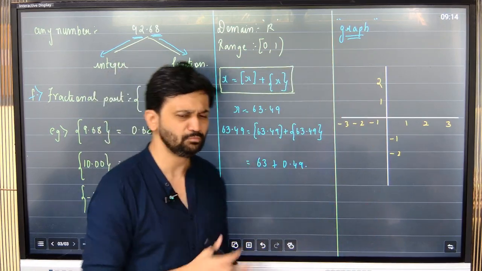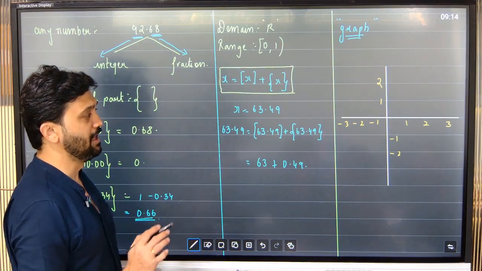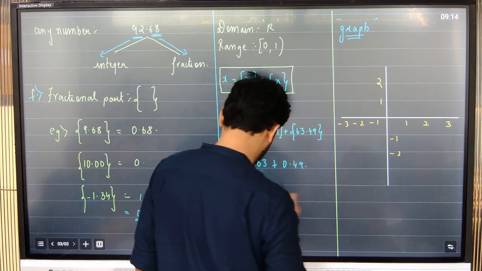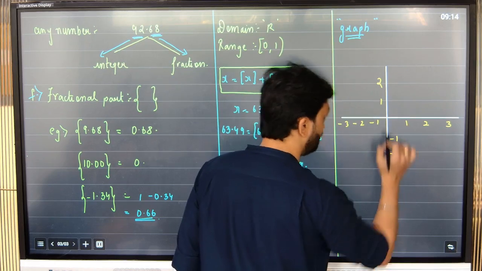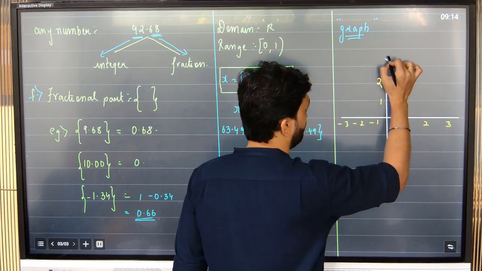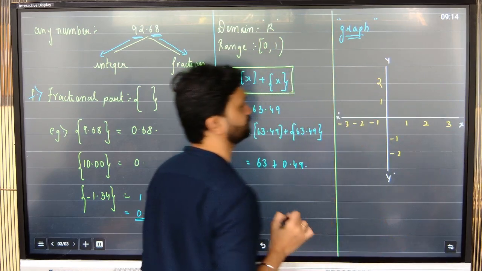If I do 2 also, you'll just understand this. Obviously everyone knows that this is my y-axis and this is my x-axis. This is y dash, y, x and x dash.